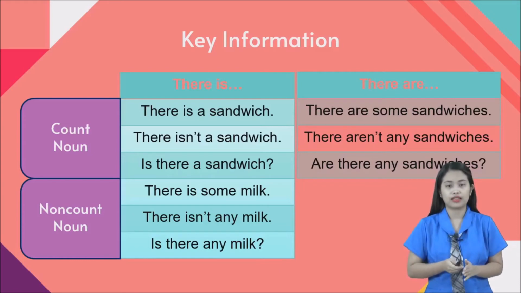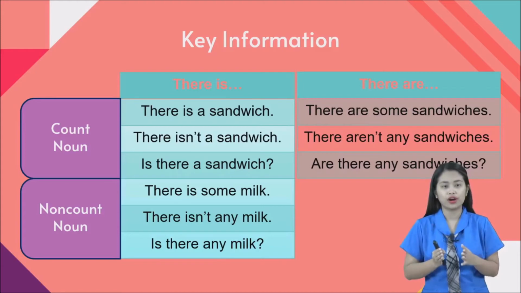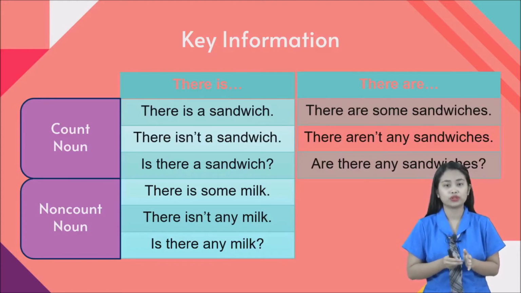Next, on the other side, we have there are, under there are and count noun again. But this time, we are going to talk about sandwiches. Here, the sandwiches are plural. So there are some sandwiches. For the positive or affirmative form, we are going to add some and use there are.